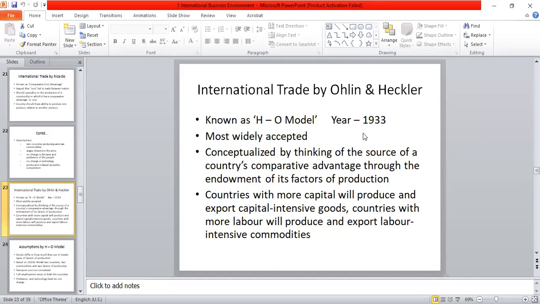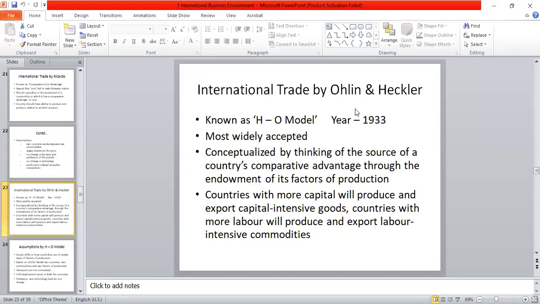Another point: countries with more capital will produce and export capital intensive goods. So HO is saying that a country having a large amount of funding capability will export more capital intensive goods.